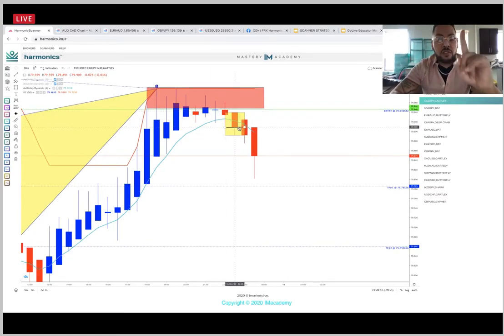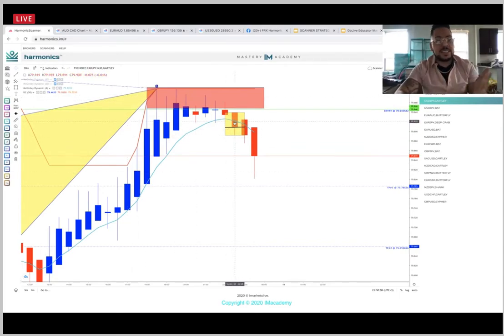This is the very, very first step to identify what we call the confirmation candle. This is major. The reason why this is so important is because this is going to let you know that there's going to be a lot of momentum that's going to push this market in your favor right away within the next 2 to 3 candles, so that way you can get right into profit. Okay? So that's the second confirmation.